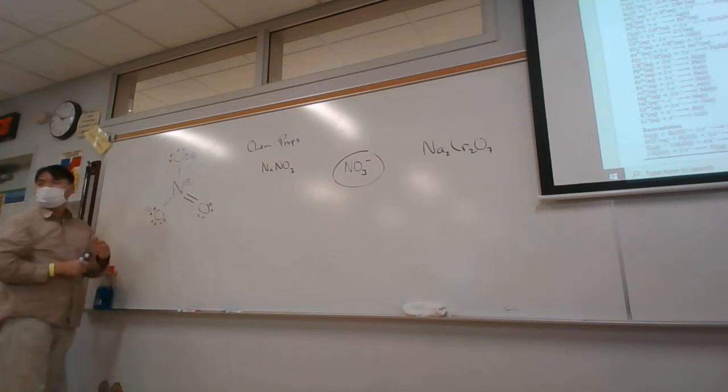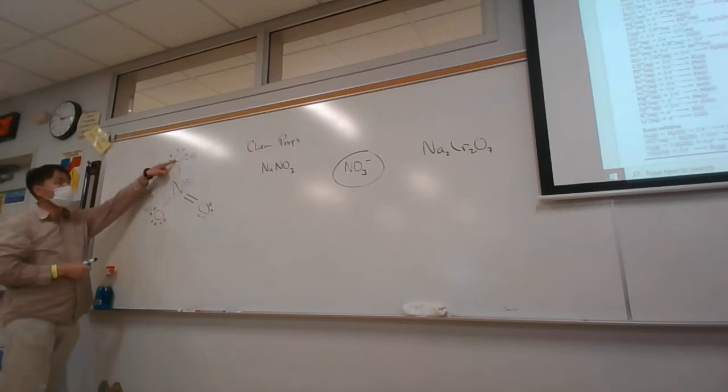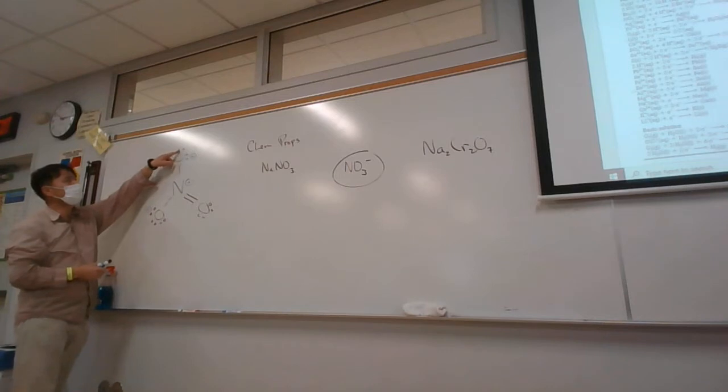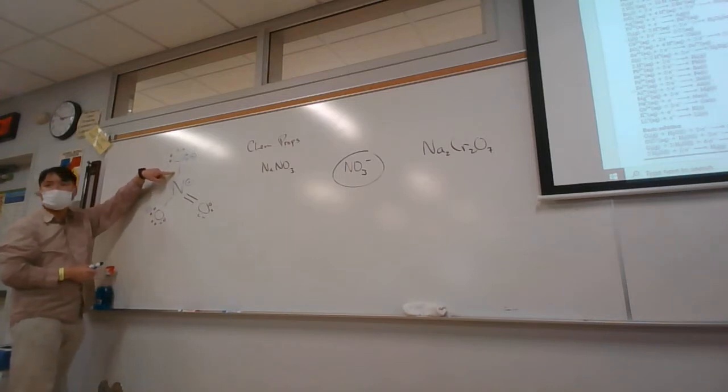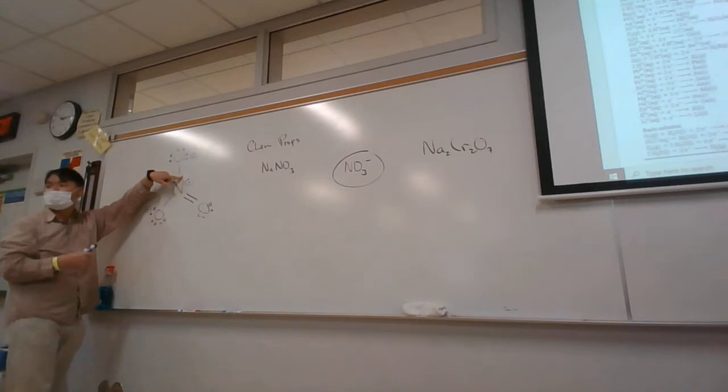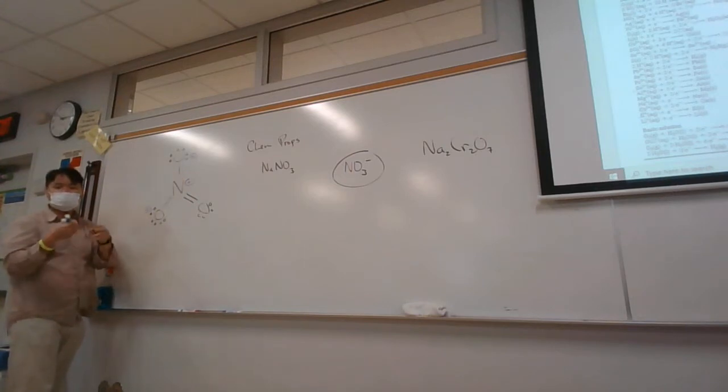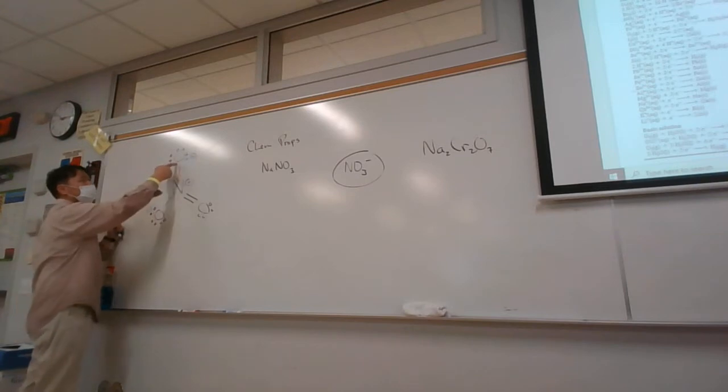Remember, oxidation state, winner takes all. So who wins all the electrons, oxygen or nitrogen? Oxygen. So it ends up with 2, 4, 6, and both of these, so that's 8. 2, 4, 6, 8. How many did oxygen get? 6. So it ended up with 2 extra electrons, which means the oxidation state of this oxygen is -2.